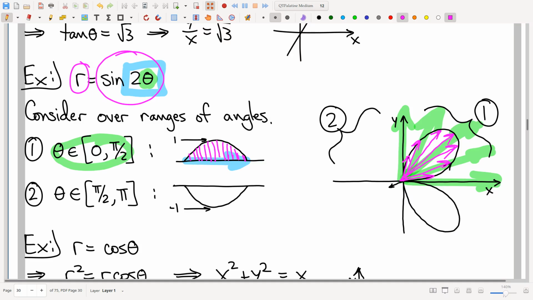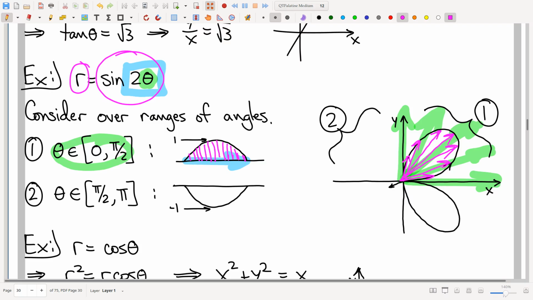What y'all are accustomed to with point plotting is that the input goes this way and the output goes that way. And that's rectangular coordinates. You got to loosen up your mind a little bit and get a little bit more flexible and think about the angle as being the input, and then for a given angle, the radial coordinate being the output. Right? It's definitely a little bit different.